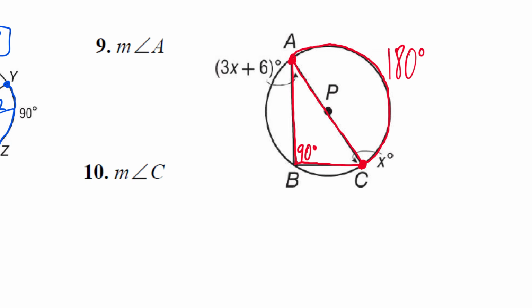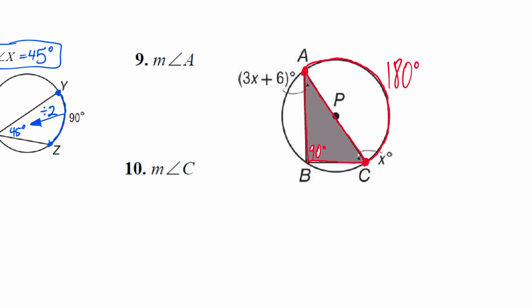If you'll notice inside of here, we've got this triangle, and I'm going to use that triangle to find the value of X. If you remember, in a triangle, what do the three angles always add up to? 180. So I'm going to do this angle, 3x plus 6, plus this angle B, which is 90. This is the one everybody forgets.